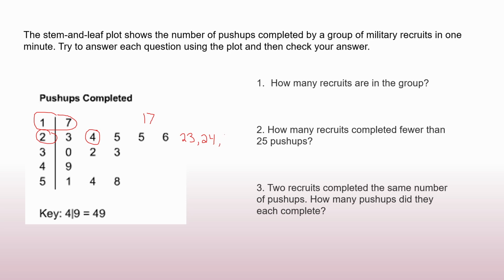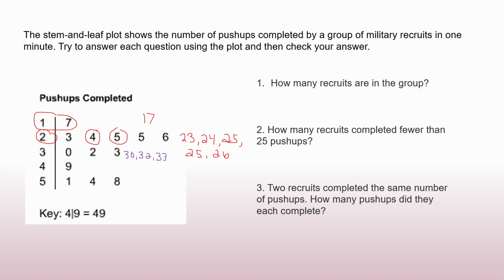Then we have 25, another 25, and 26. Okay. All right, let's look at the third row. In the third row, we have the numbers 30, 32, and 33.